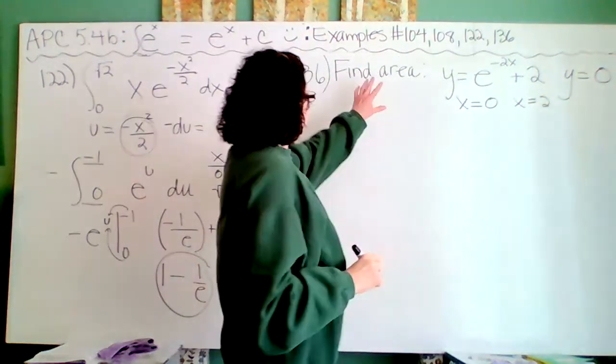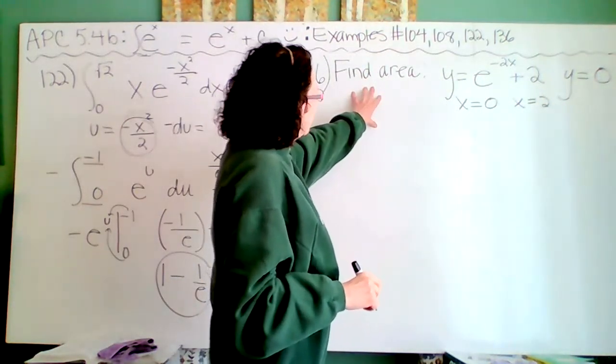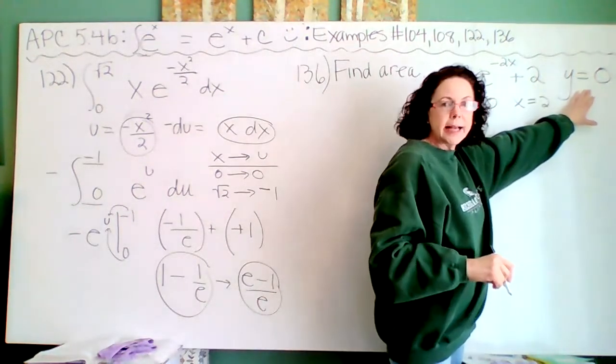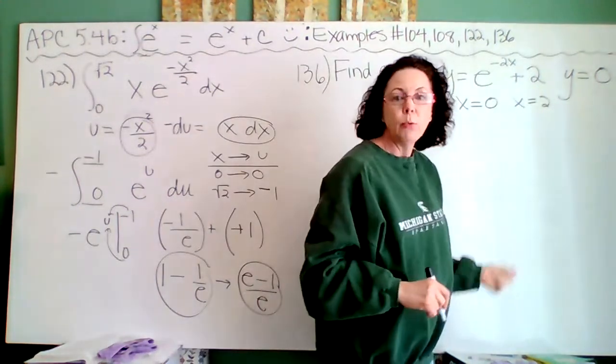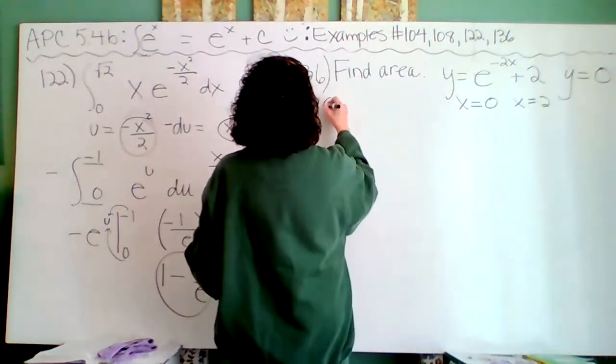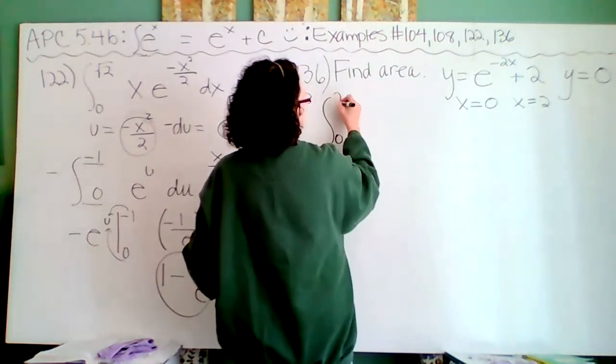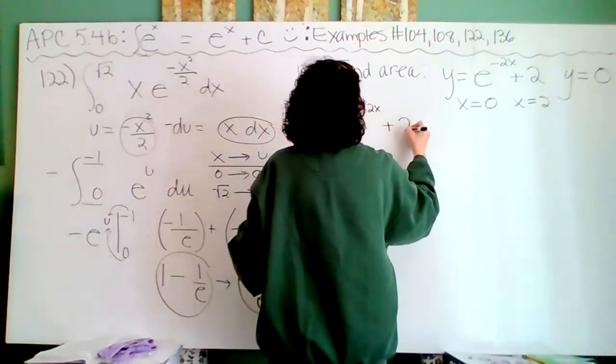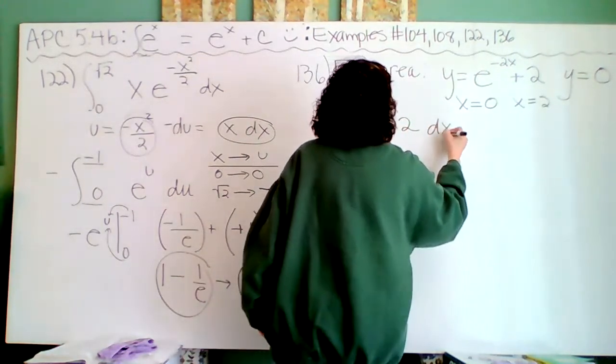So when they said find the area between this function and bounded by the x-axis between these x's, we know to integrate. We are going to integrate from 0 to 2, e to the negative 2x plus 2 dx.